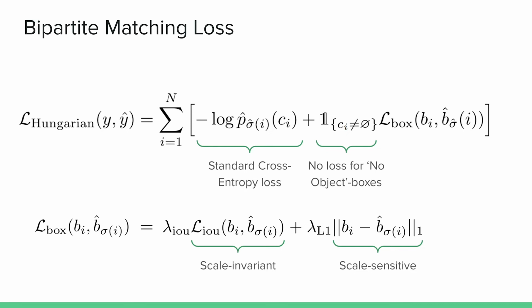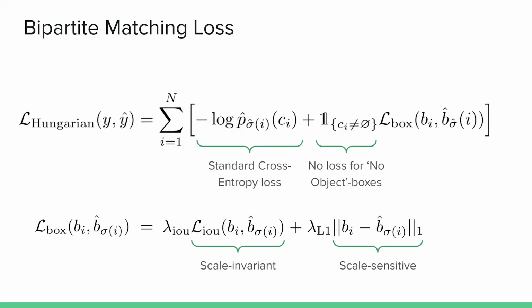So what they add is the second part, where they say, okay, this second loss term is scale sensitive to make up for this. They have introduced additional hyperparameters here, lambda IOU and lambda L1. They used 2 for the first lambda and 5 for the second one in their experiments, but they also experimented with different values.